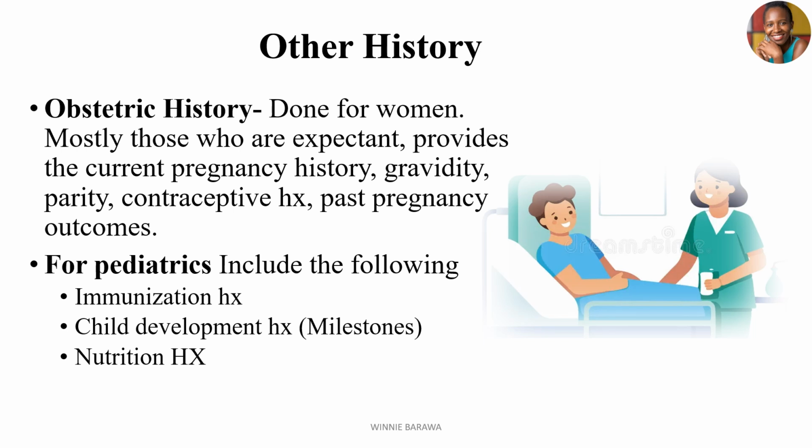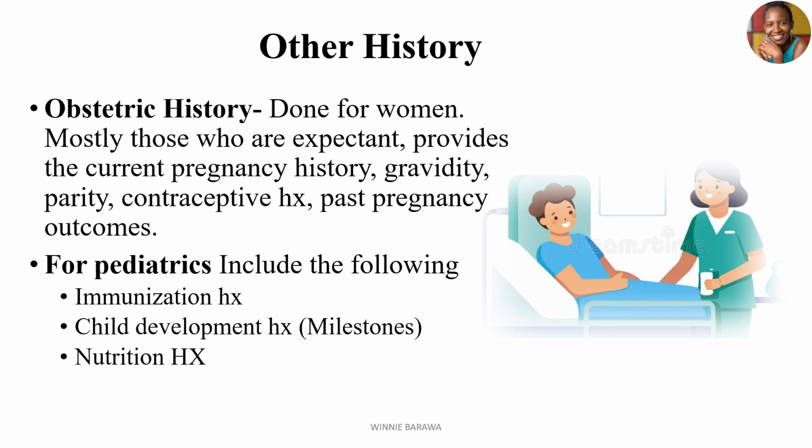But in a case where a client who is expectant has come in and needs to be taken care of for general management, maybe they have a medical condition during their pregnancy journey, you may want to bring this in also during that history taking bit.